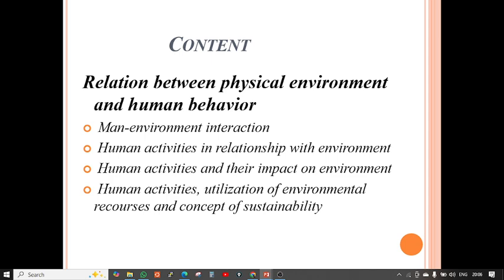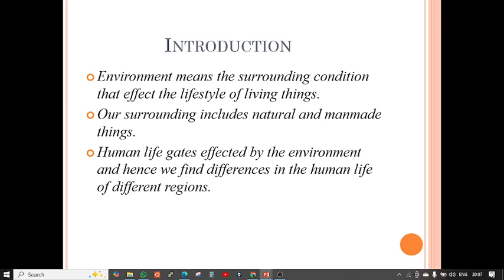When we are discussing man-environment interactions, or human activities in relationship with the environment, then human activities and their impact on the environment, utilization of environmental resources, and the concept of sustainability are all mostly affected by the interaction between humans and the environment.